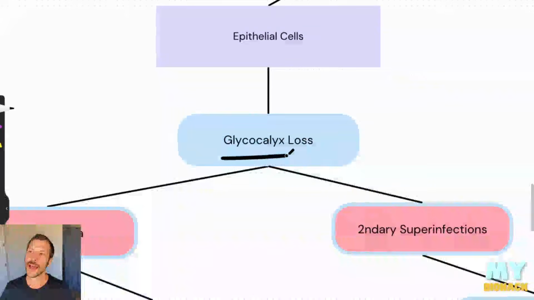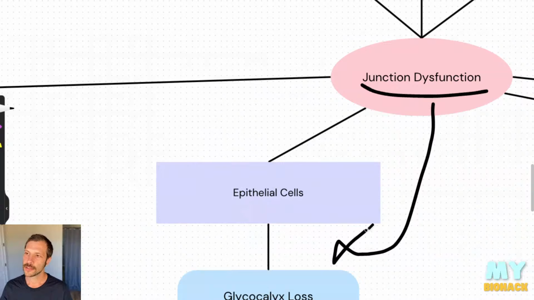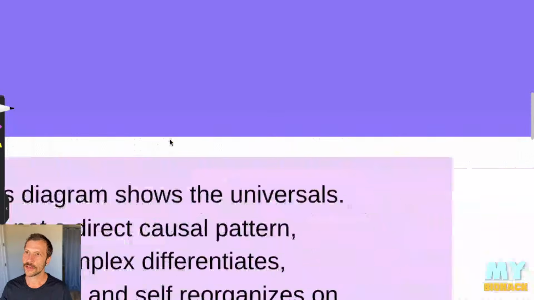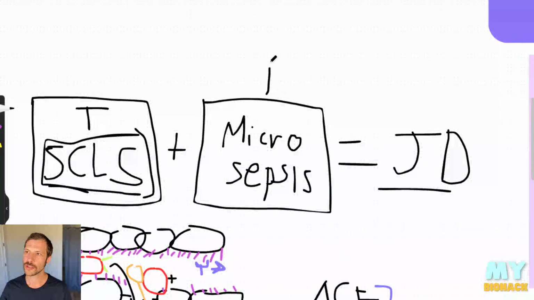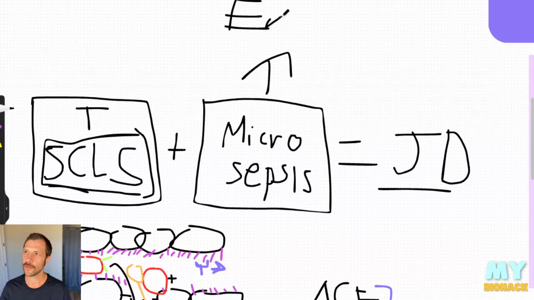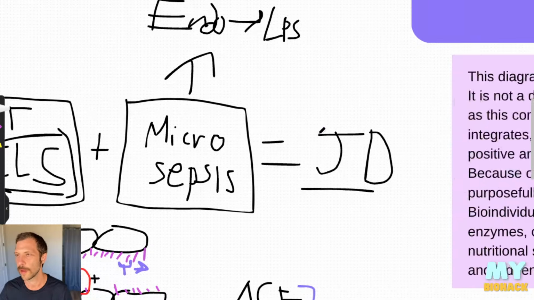When you lose the glycocalyx you get junction dysfunction because of the systemic capillary leak, or microsepsis. Remember, microsepsis causes endotoxemia. If you've never heard that word before, we'll go through that in just a minute. And that happens from LPS, lipopolysaccharides, and a lot of other different things, like fungal byproducts as well.